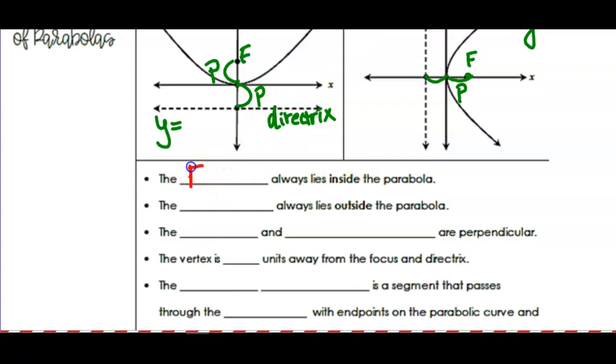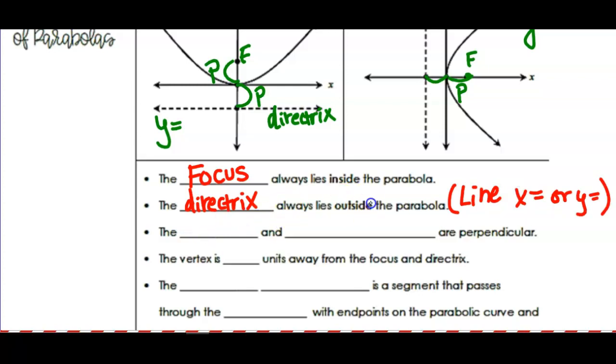The focus point always lies inside the parabola. Okay, the parabola will open around it, curve around that focus. The directrix, which is a line, make sure you have an equation for that, not a point, is always on the outside of the parabola, and the parabola will bend away from the directrix.